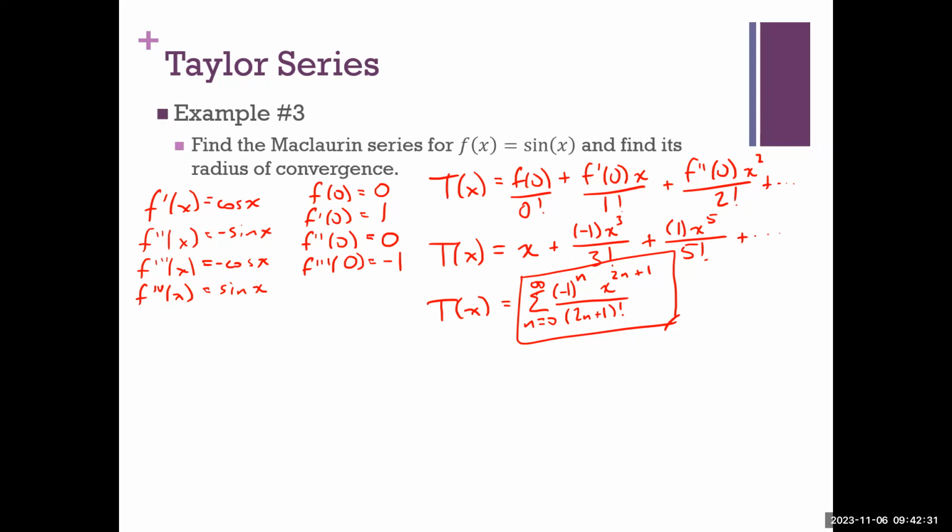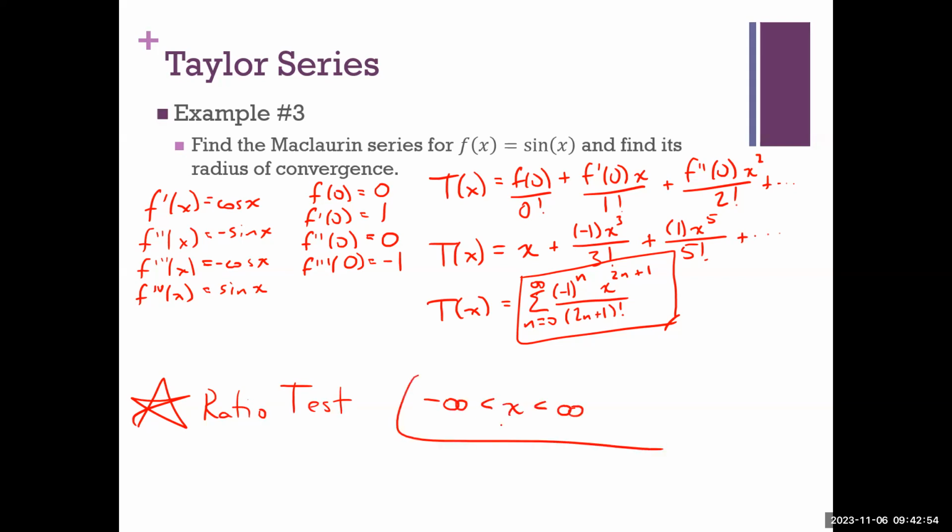The fact that I have a factorial in the denominator means that the ratio test is going to deliver a 0. If you're not convinced, I'll leave this star here if you want to convince yourself, but I will say that yes, this is going to converge for all real numbers again.